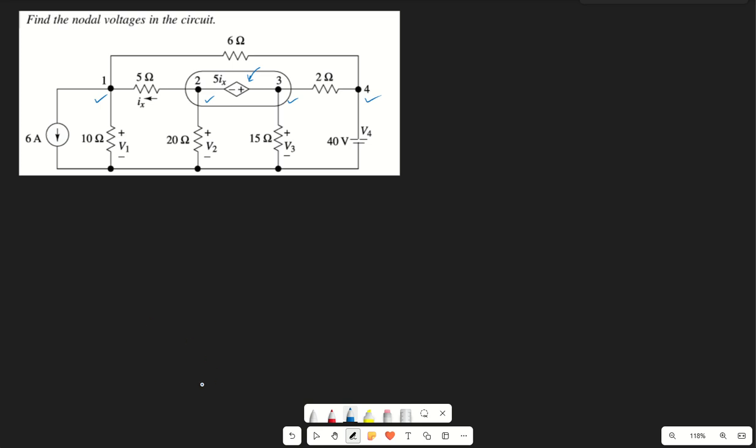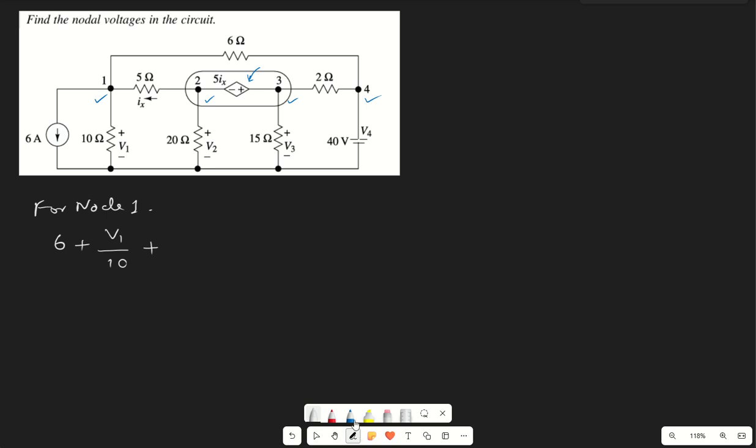Okay, so first let us write down the equations in the other two nodes where we can directly write down the values. So for node 1, what will be our equation? So this will be plus 6, then plus V1 divided by 10, right?